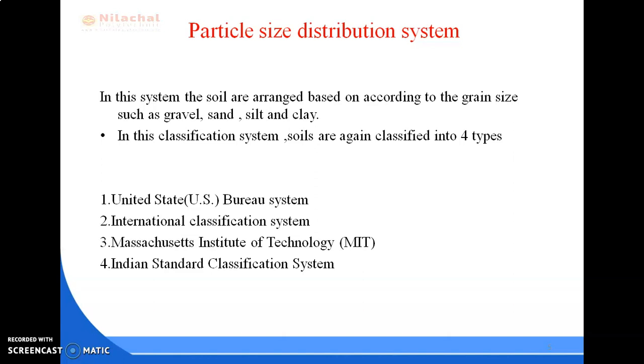And in this classification system, soils are again classified into 4 types: United States Bureau system, International classification system, Massachusetts Institute of Technology, that is the MIT system, and Indian Standard Classification System. So the total particle size distribution system is divided into 4 types. Again here the Indian Standard Classification System is given.